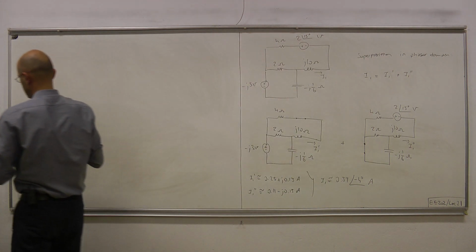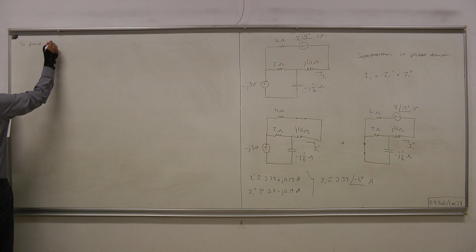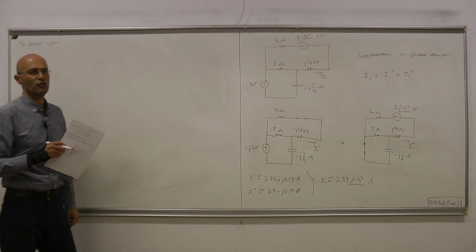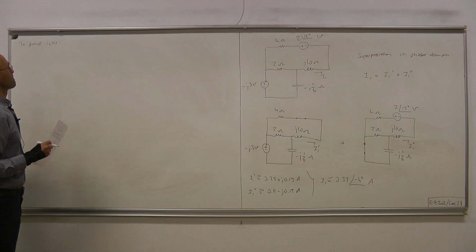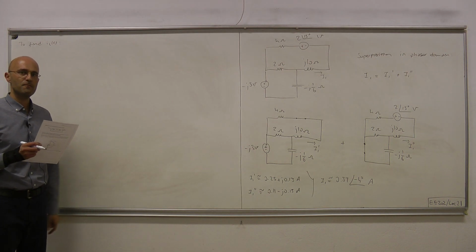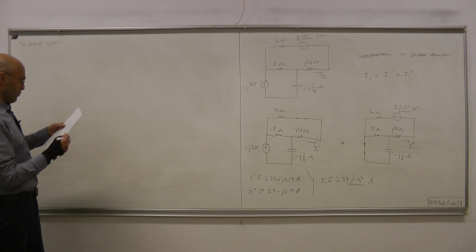To find I2 of t, what we do is we transform the circuit which we obtain by killing all the sources oscillating at 2 radians per second to the phasor domain.